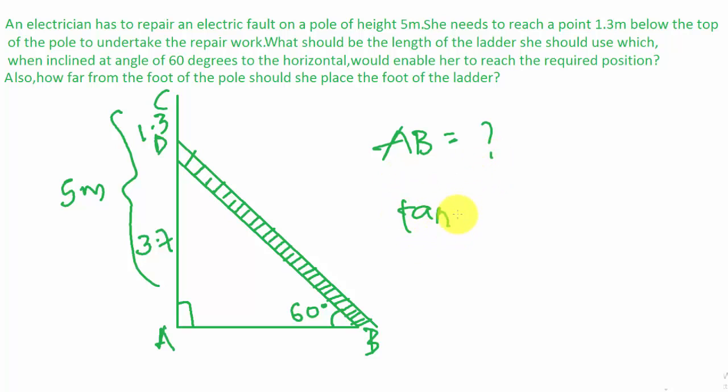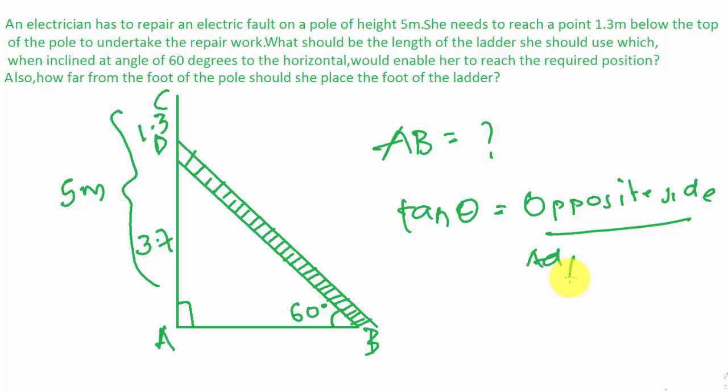Now if you find tan theta, we know that it is the opposite side divided by the adjacent side.